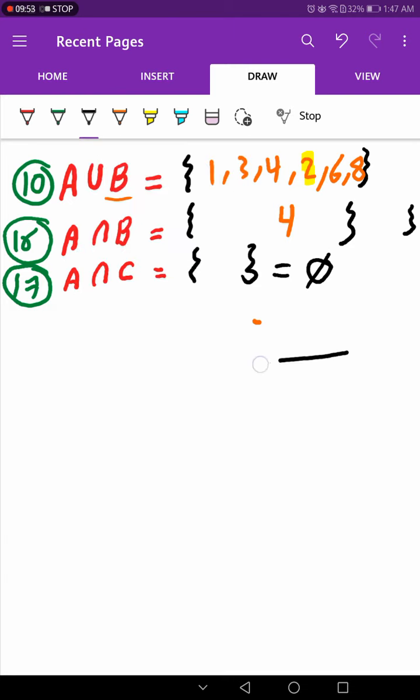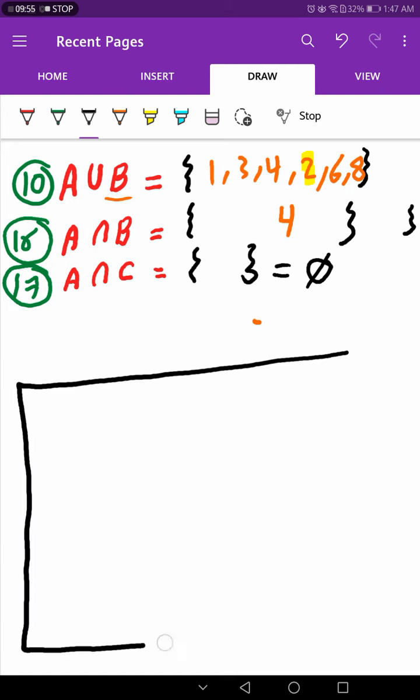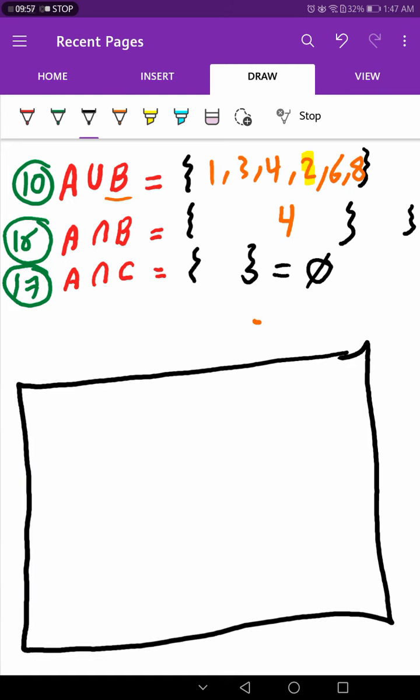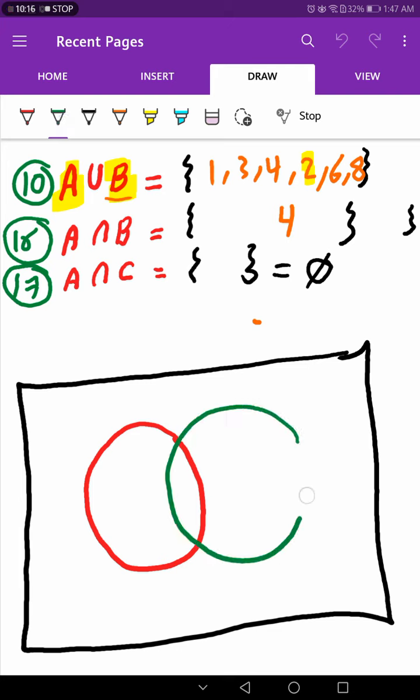You draw a rectangle, and you draw how many sets you have. I have two sets, teacher. Okay, so I will draw two circles. This is the first circle and this is the second circle. This is denoted by A and this is denoted by B.